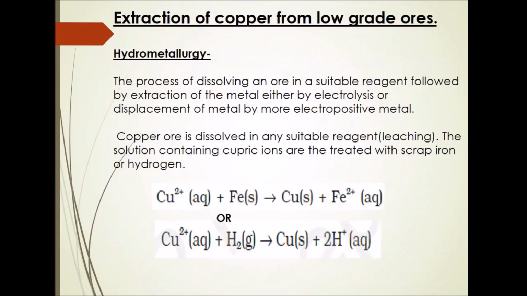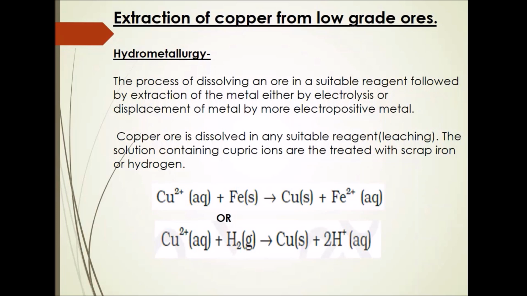Next is extraction of copper from low-grade ores. How to extract this copper metal from this low-grade ore? This is carried out by the process of hydrometallurgy. Then what is hydrometallurgy? It is the process of dissolving the ore in a suitable reagent, and later the metal is extracted either by electrolysis or by displacement using a metal having a highly electropositive value.